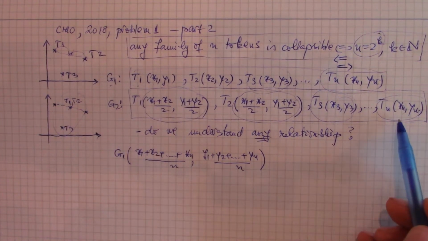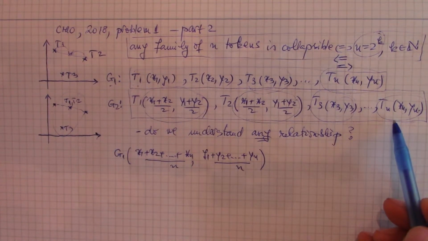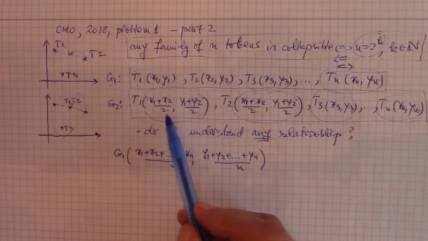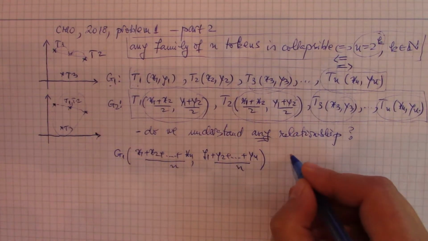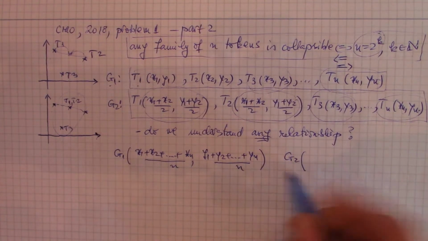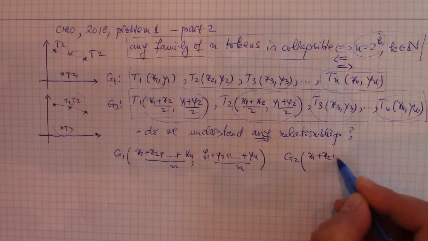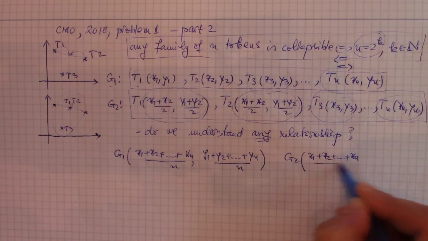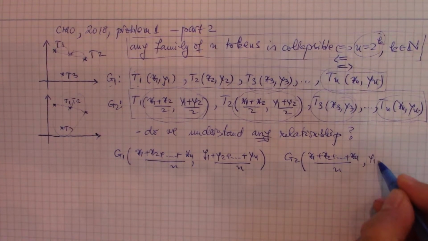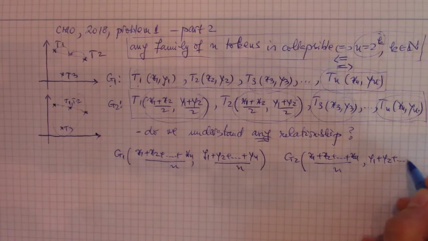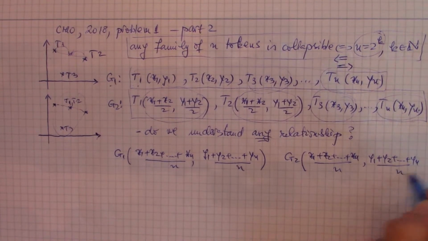So if this is the center of gravity of this arrangement of tokens, and G2 is the center of gravity of this arrangement of tokens, after a little bit of algebra, we can tell that G2 will also have the coordinates (x1 + x2 + ... + xn)/n, and (y1 + y2 + ... + yn)/n.